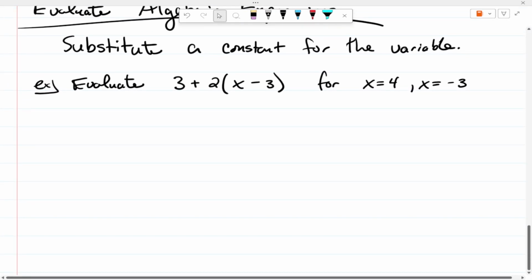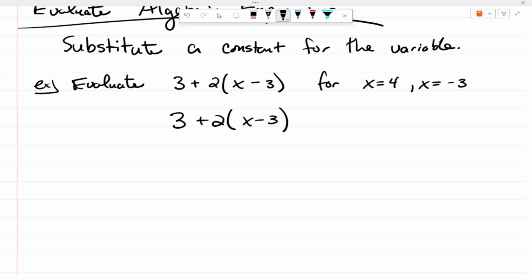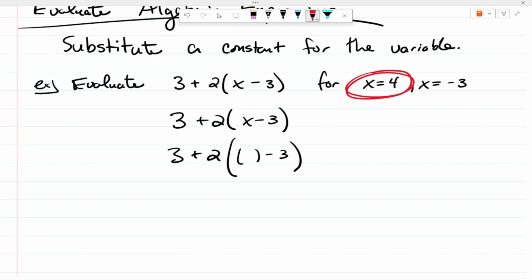So the easiest way to do this is to just rewrite the expression 3 plus 2 times the quantity x minus 3. And then directly underneath, wherever I see that variable, I'm going to put parentheses first. And then I'm going to evaluate this for x equals 4, which means I just substitute a 4 in.